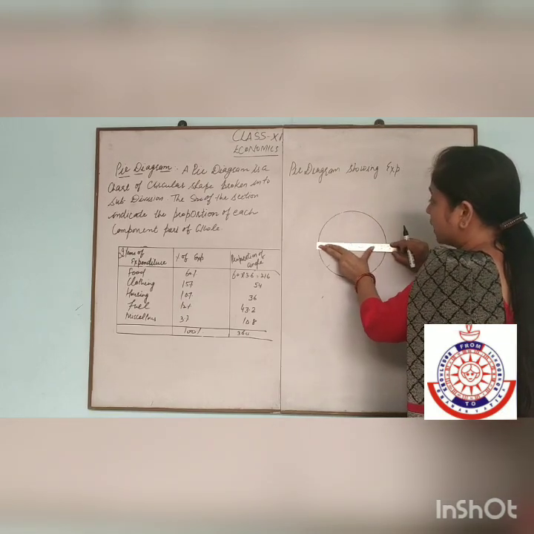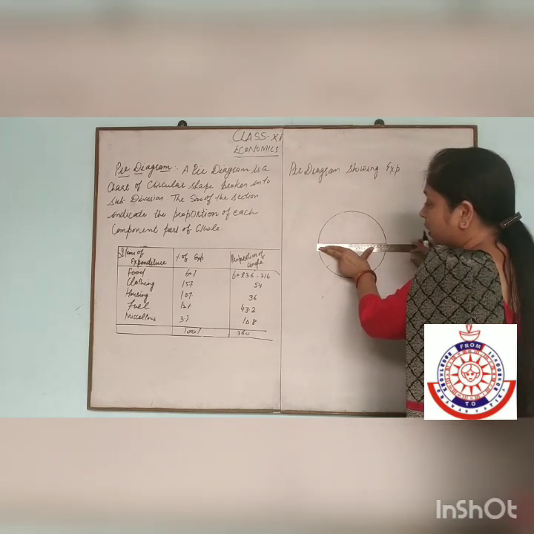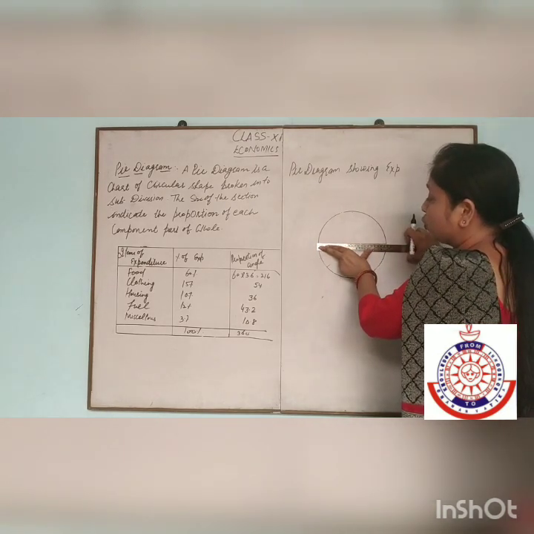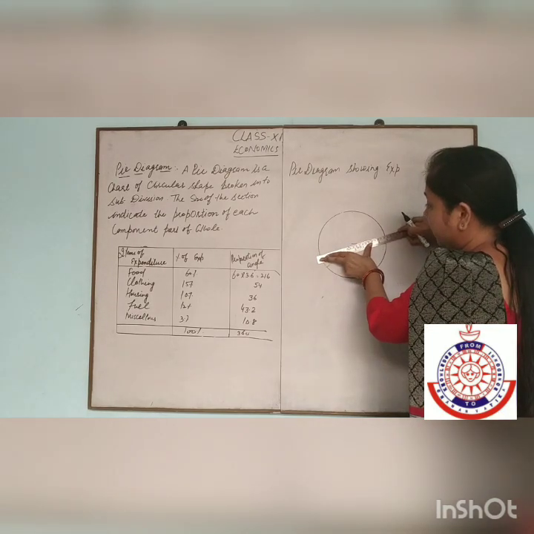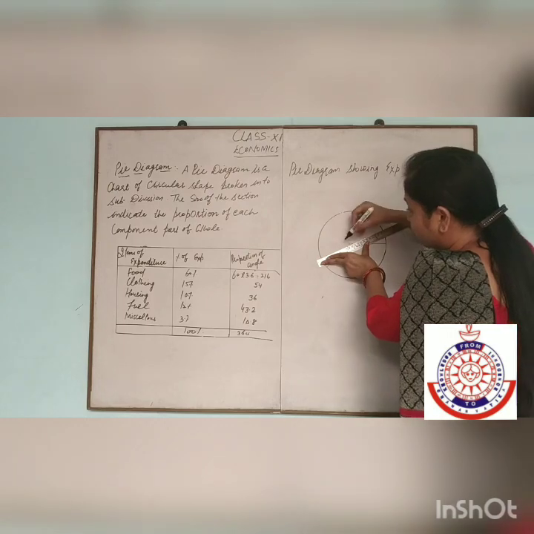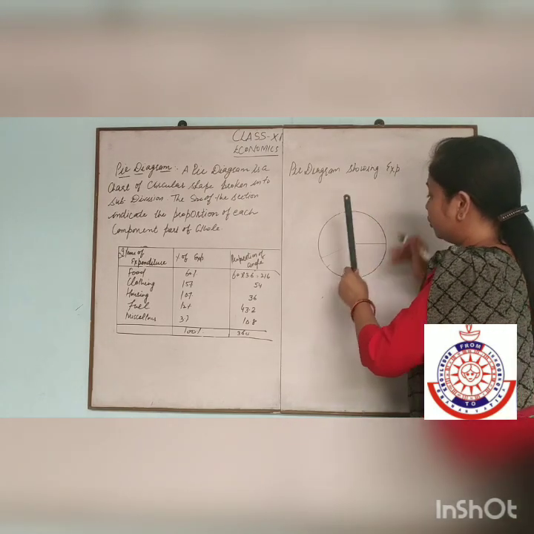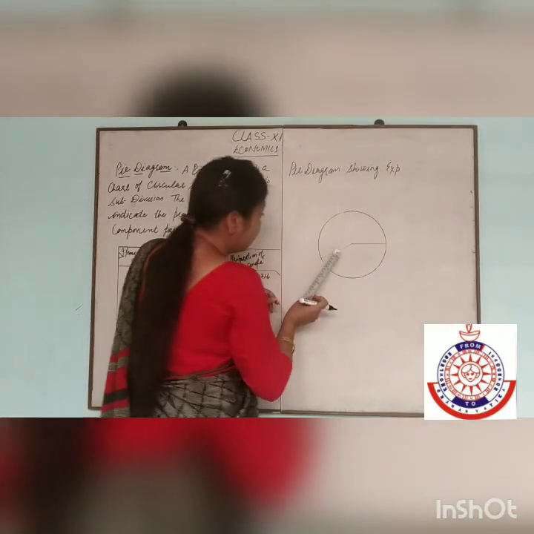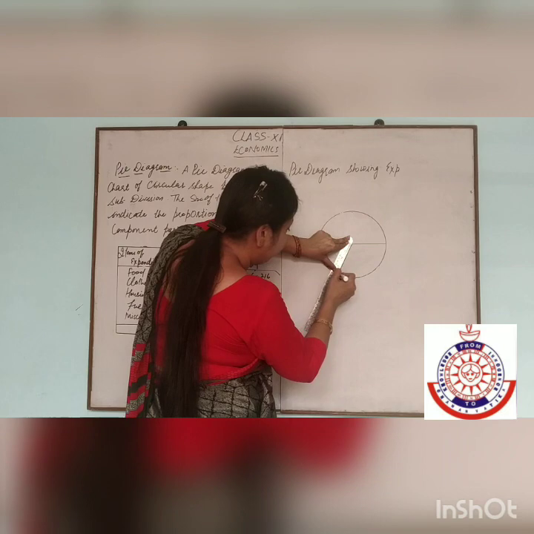This half shows 180, but here the angle is 216. It means 180 plus 36 degrees. Now you will take this radius and then this is a 54 degree angle.